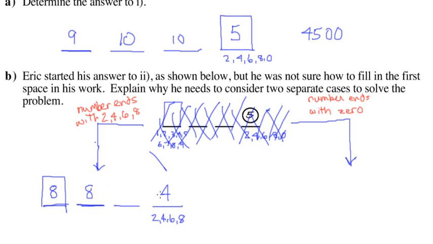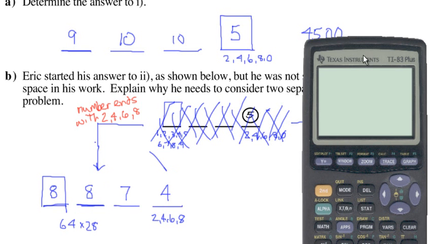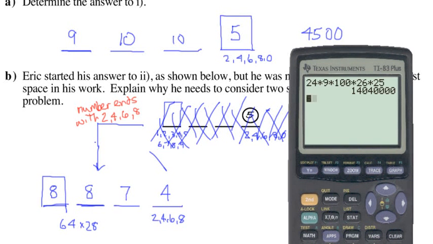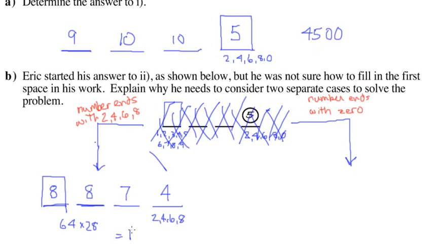And when we get to this spot, we can't duplicate any of the 3 we've used already, so we only have 7 choices. 8 times 8 is 64. 7 times 4 is 28. 64 times 28, I have no idea. 64 times 28, 1792. So there's 1,792 numbers which are 4 digits and end in 2, 4, 6, or 8.